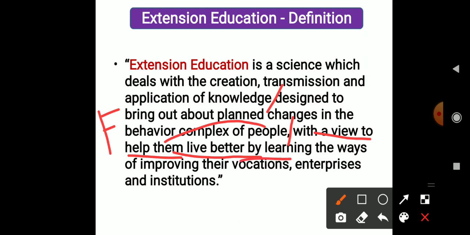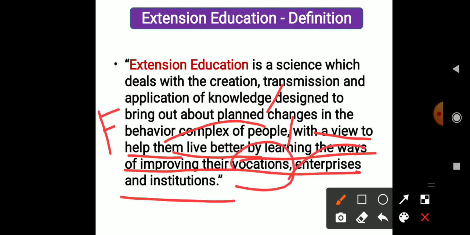By learning the ways of improving their occupation, enterprise and institution. Occupation, enterprise, institution means their farm, their occupation, their dairy enterprise or poultry, fishery, whatever enterprise they are going to run.